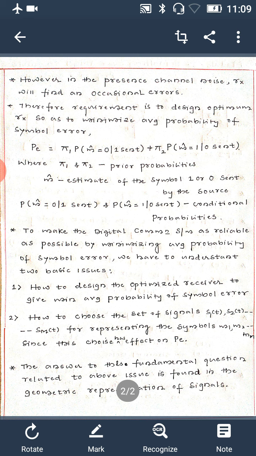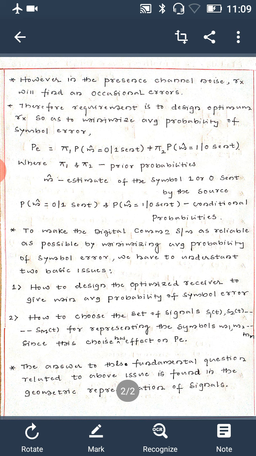Here m cap is the estimated message symbol. That is, the received symbol will be 0 when 1 is sent, plus pi 2 P of m cap equals 1 when 0 is sent. You can observe in this equation the estimated symbol will be 0 when 1 is sent at the transmitter side, so the transmitted signal is not recovered at the receiver side, which gives the probability of error.